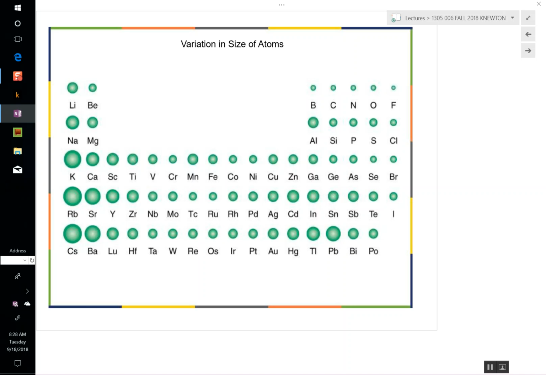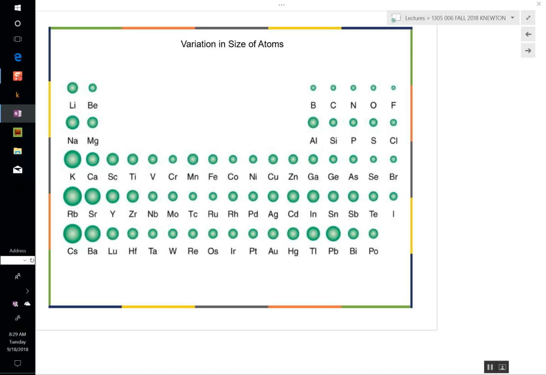So what's the trend? As you go from the top to the bottom, what's happening to the size of the atoms? Getting bigger. I'm talking about trends. You don't need to know any numbers here. You just need to know the trend, and the trend is that the size of the elements increases as you go down the periodic table.